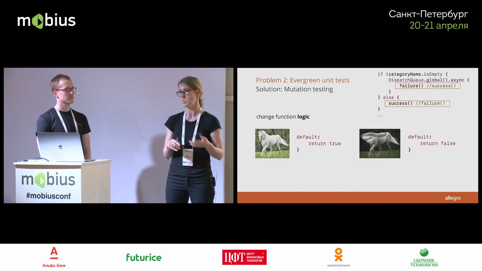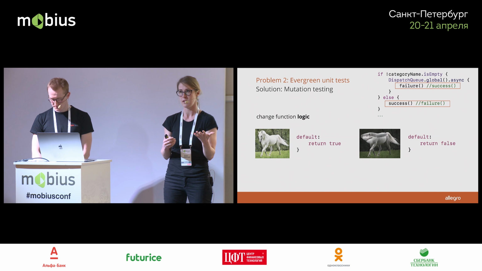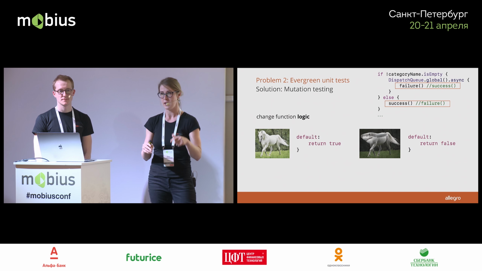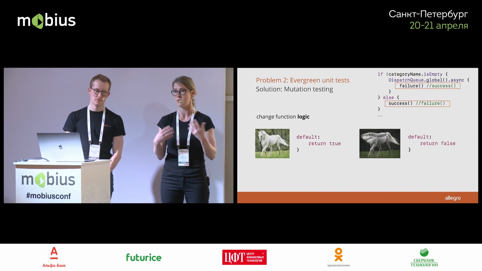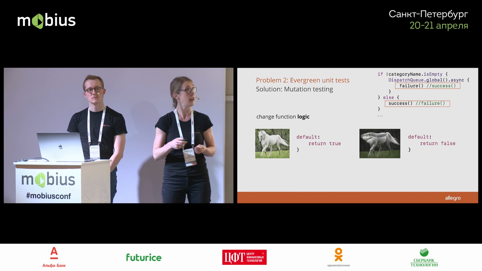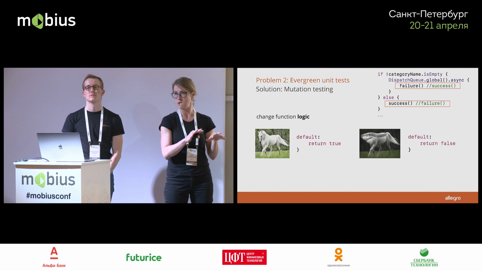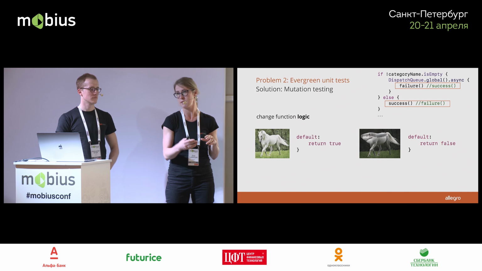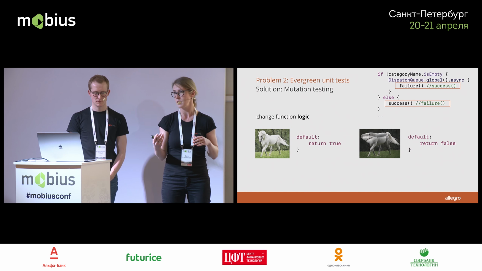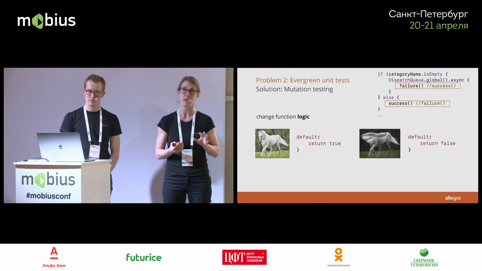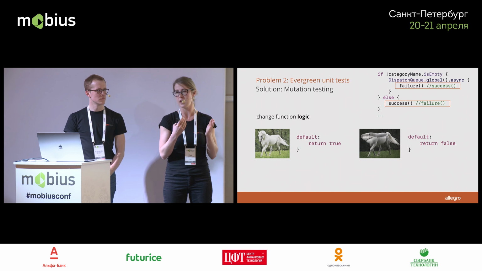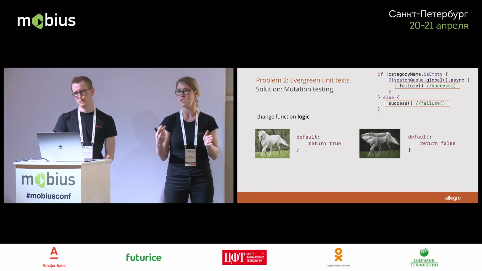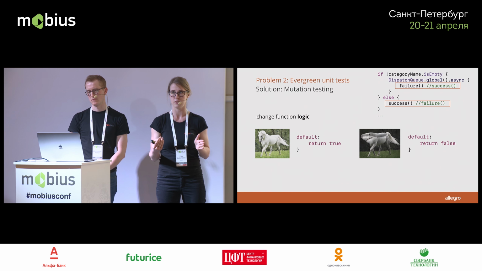So I'm just opening one class or one function in Xcode, and changing the code, changing the logic, negating the conditions, changing mathematical operators. Then I rerun my tests, the tests that are already written. If the tests fail, it's cool, because they detected the mutant. So by changing the application's logic, I'm checking if my tests are doing what they should do.